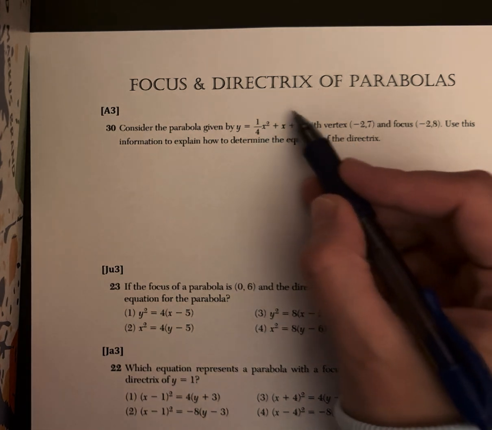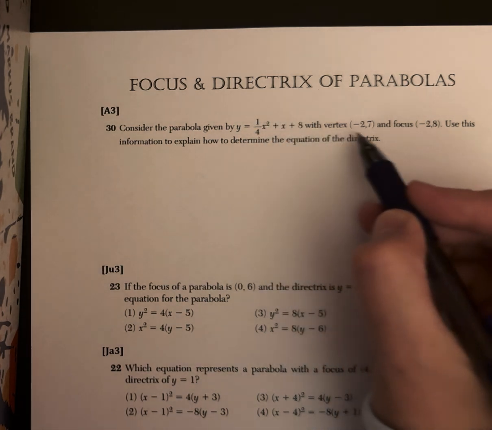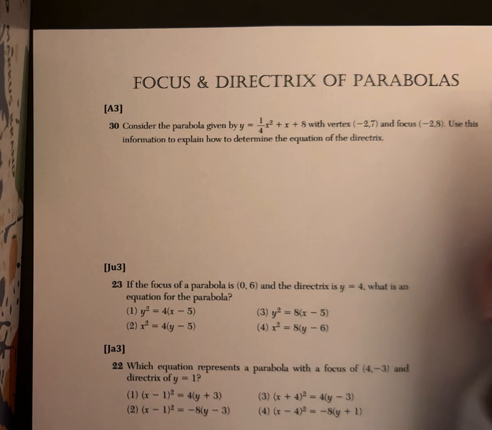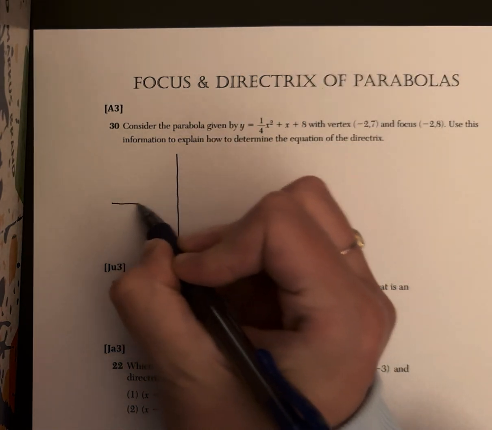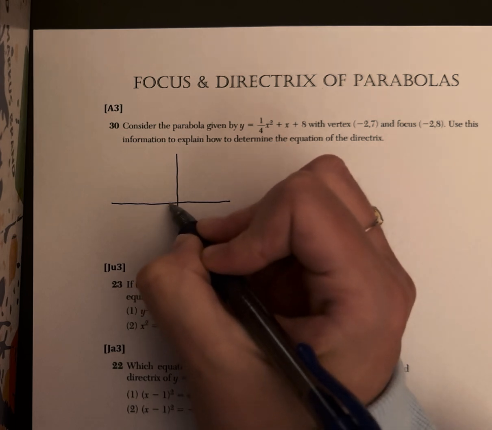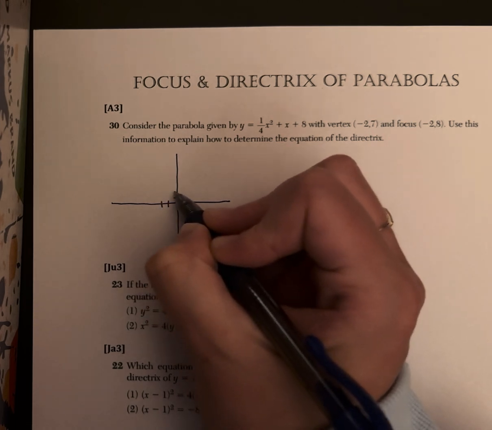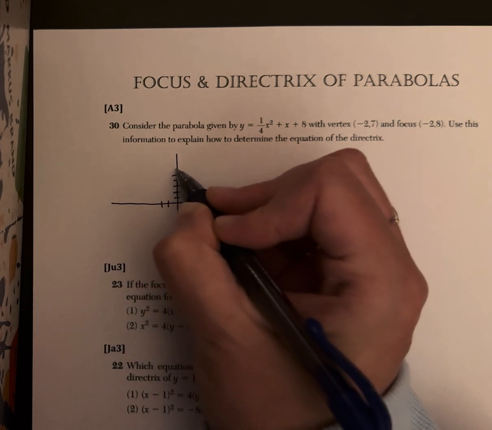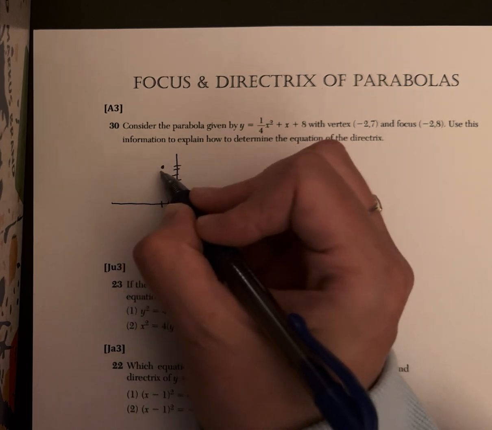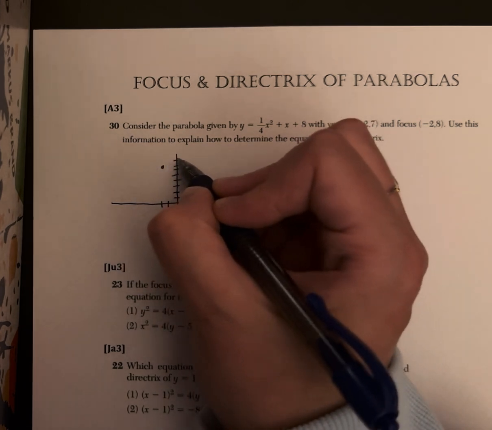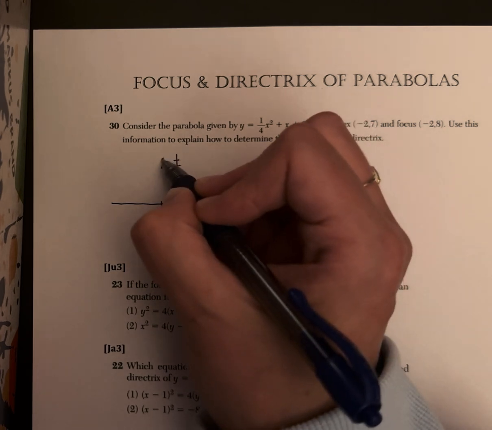All right, this format isn't exactly like what I wanna see, but these two things are fine. So let's just do it and then we can explain it later. So -2, 1, 2, 3, 4, 5, 6, 7. That's the vertex, and then the focus is -2, 8.